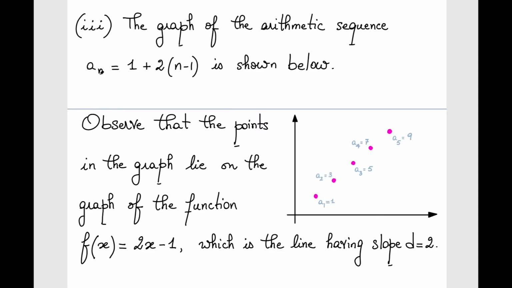And you're going to realize that all these points belong to the graph of the function f of x equals 2x minus 1, right? So look, if you simplify this, how would you write this? Isn't that one as 2n minus 2 plus 1? Can't you rewrite this as such? And 2n minus 2 plus 1, isn't it 2n minus 1? Correct?